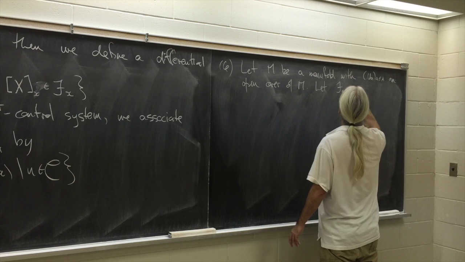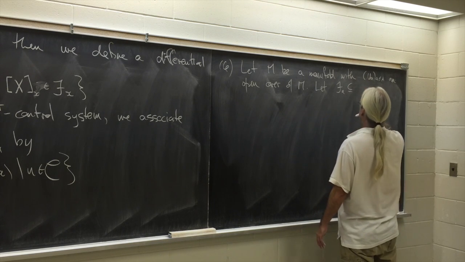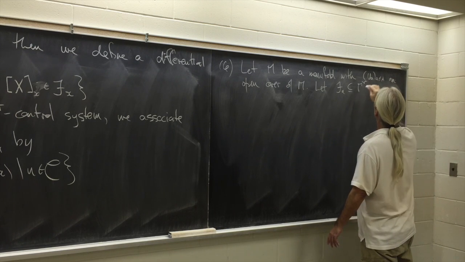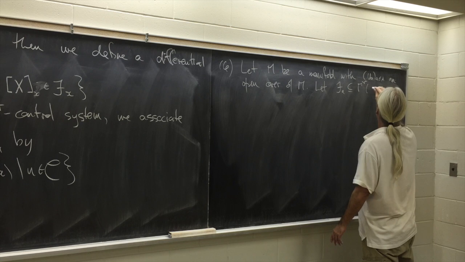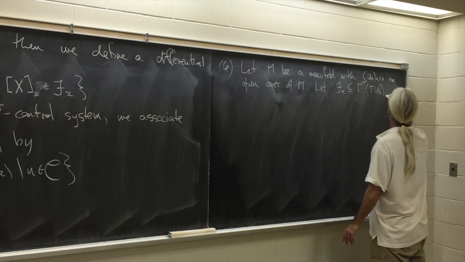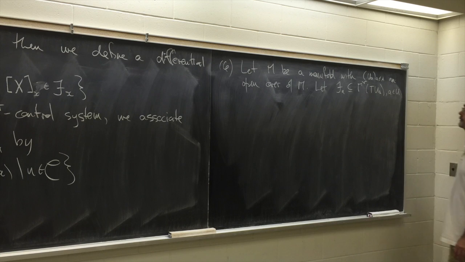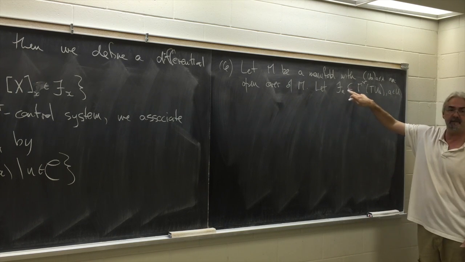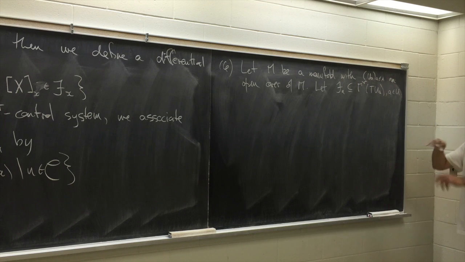So we're going to have F sub A, a subset of vector fields on U sub A. All right, so is it clear what I have? On each of these open sets, I have a family of vector fields F sub A, and that defines my possible dynamics there. Okay. So associated with this data, I'm going to define a tautological control system.